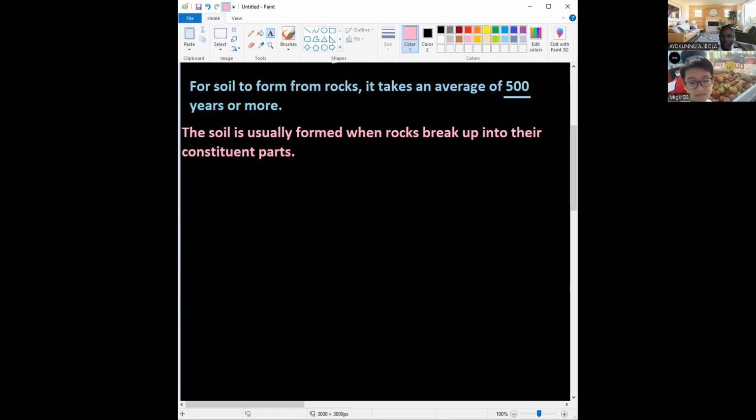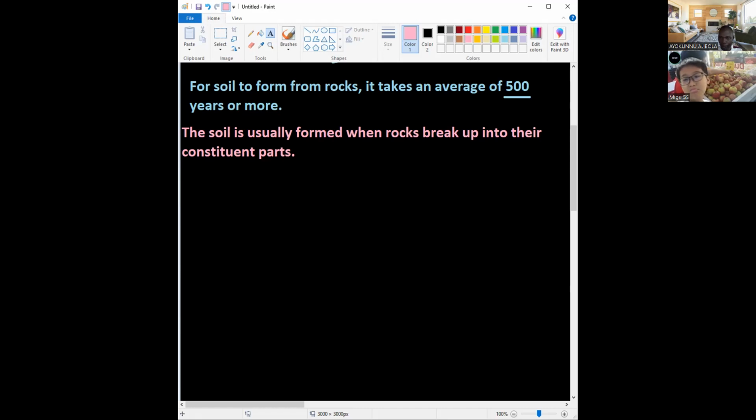These forces include the impact of wind, the impact of water, and the impact of salts reaction on the rock. So wind can cause rocks to break apart, water can, and salts reaction can.